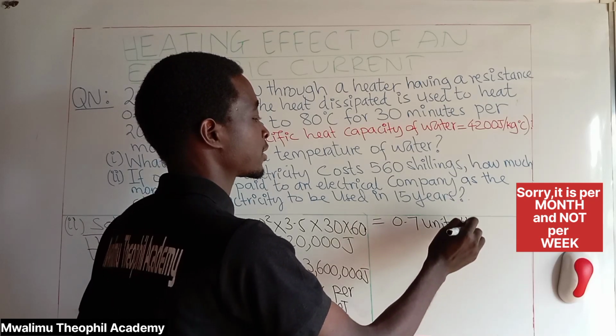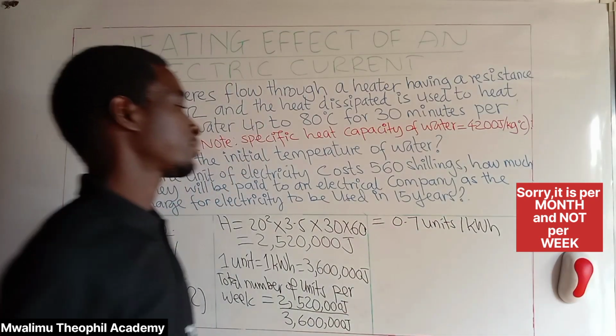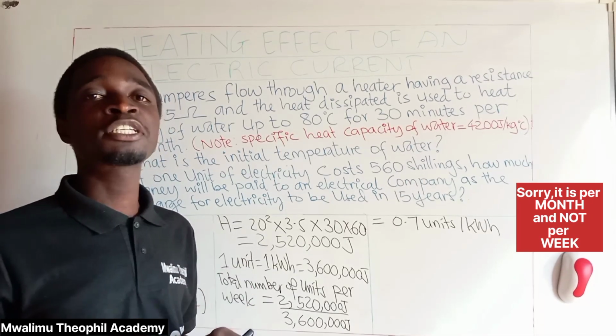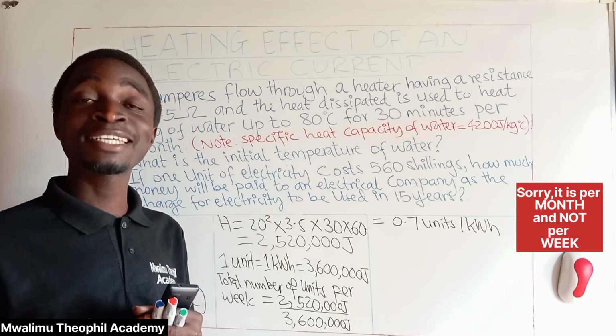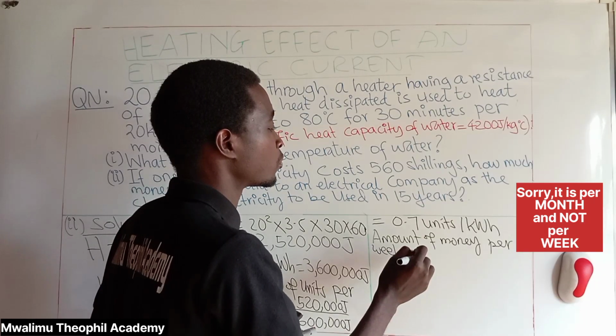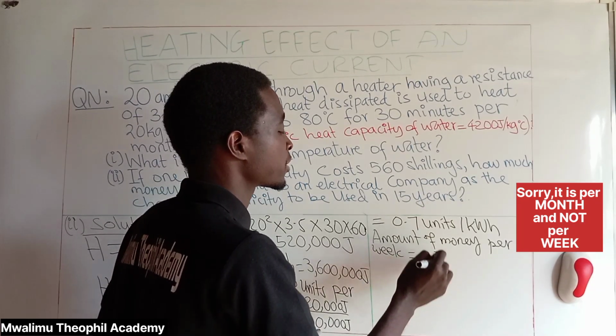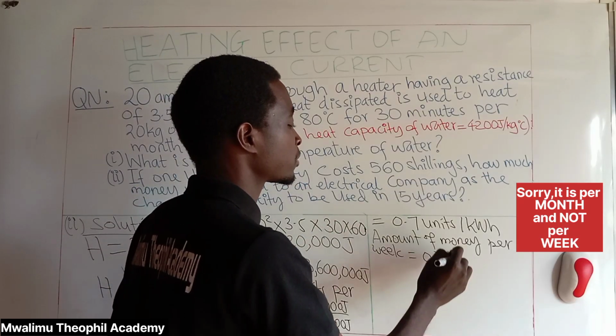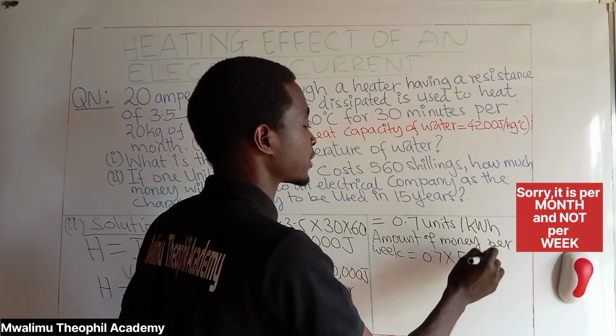That is 0.7 kilowatt-hours. But we are told that the charge for 1 unit is 560 shillings. So it will be equal to 0.7, the number of units, times the cost per unit, which is 560 shillings.